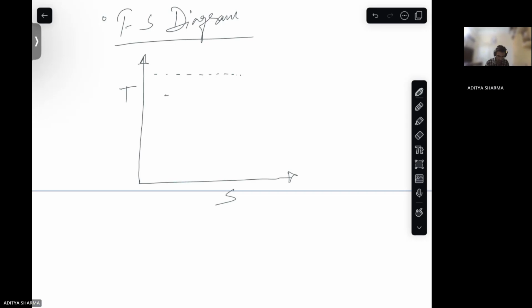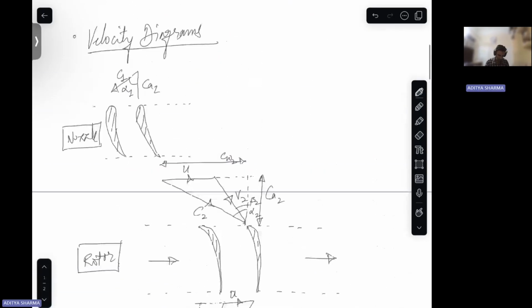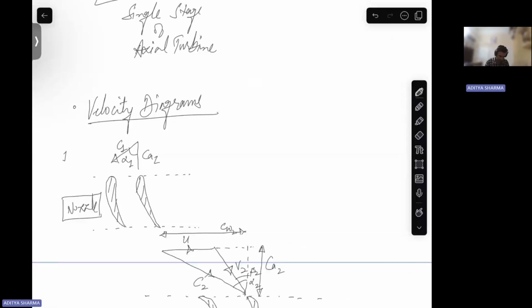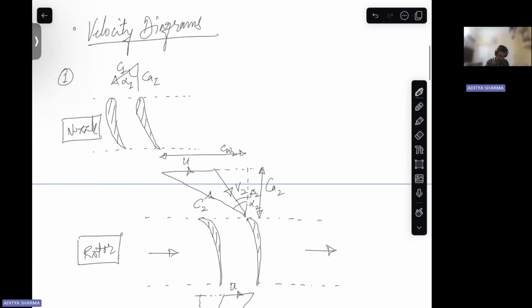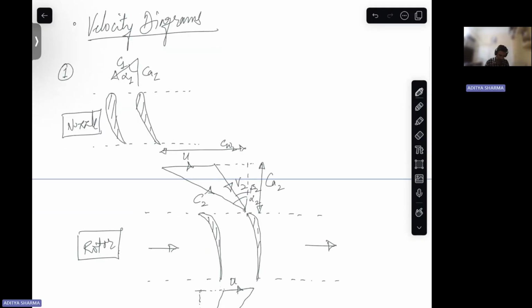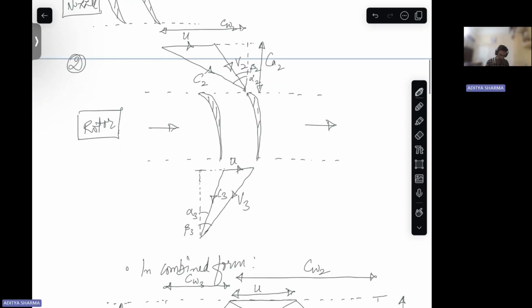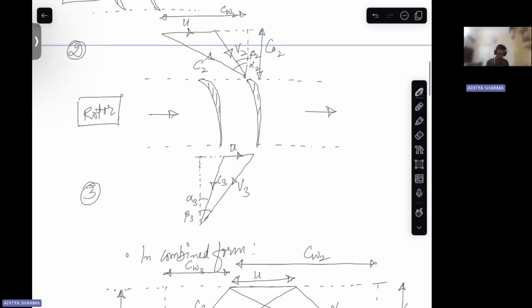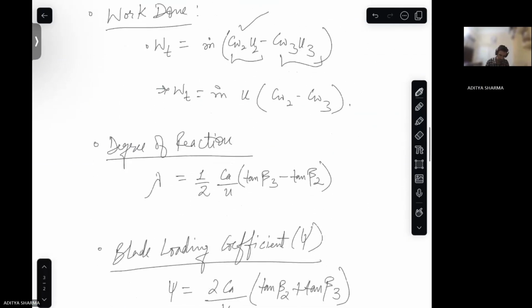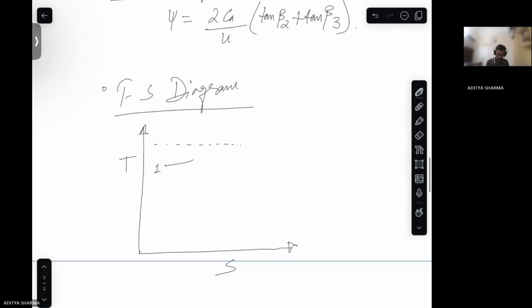We have one, and we can give the numbering of these points. This is one, when the fluid enters the nozzle. Second is when the fluid enters the rotor. Third is when the fluid exits the rotor.